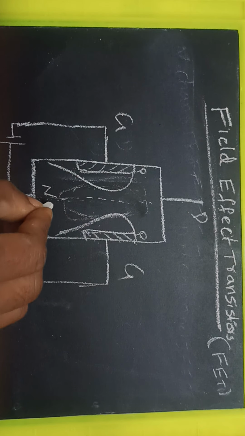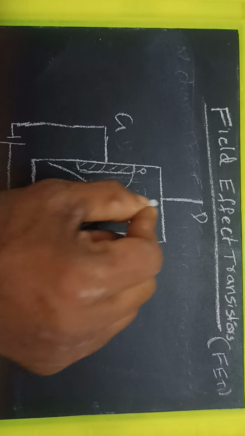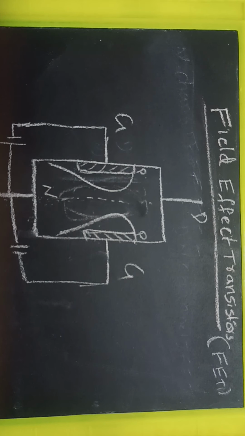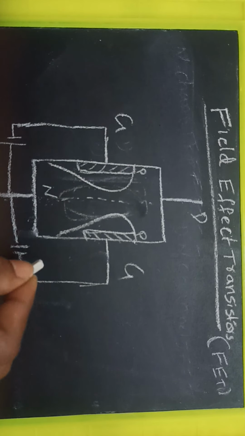Then the amount of majority carriers flowing from source to drain reduces. So that's why the current from source to drain is controlled by electric field. By applying the reverse bias voltage, the electric field, that's why this is known as field effect transistor. So this is a voltage control device.